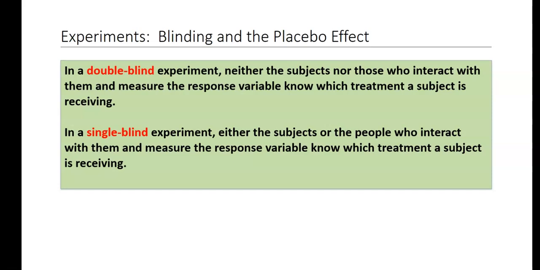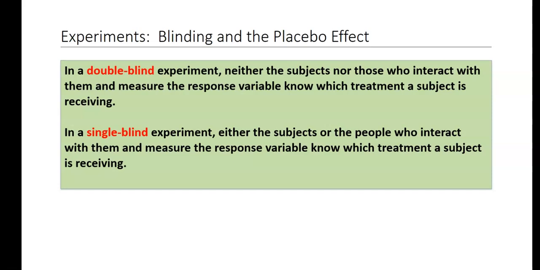In a double-blind experiment, neither the subjects, the experimental units, nor the people giving the treatment, so the doctor or whoever is giving you the drug, know if it's placebo or the real drug.